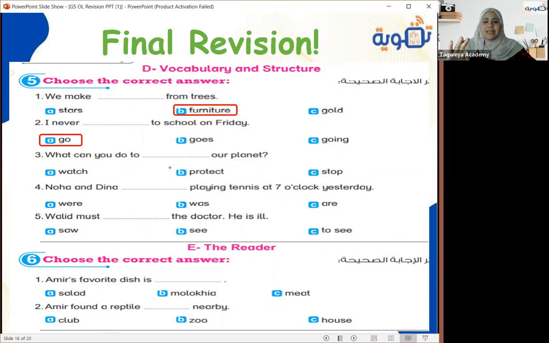3, what can you do to protect our planet? Again, to with the base form. Can I say to watch our planet? No. To protect our planet, to save it from bad things. 4, Noha and Dina.